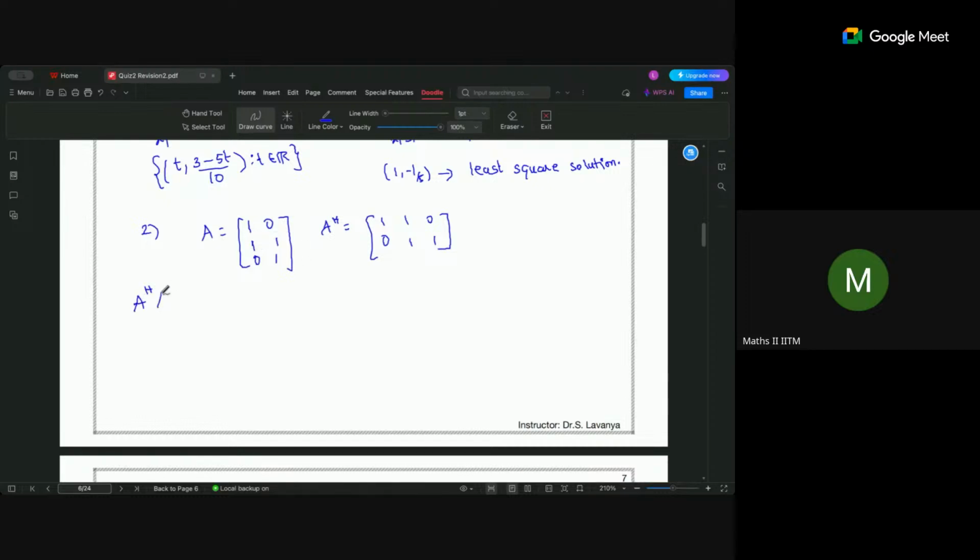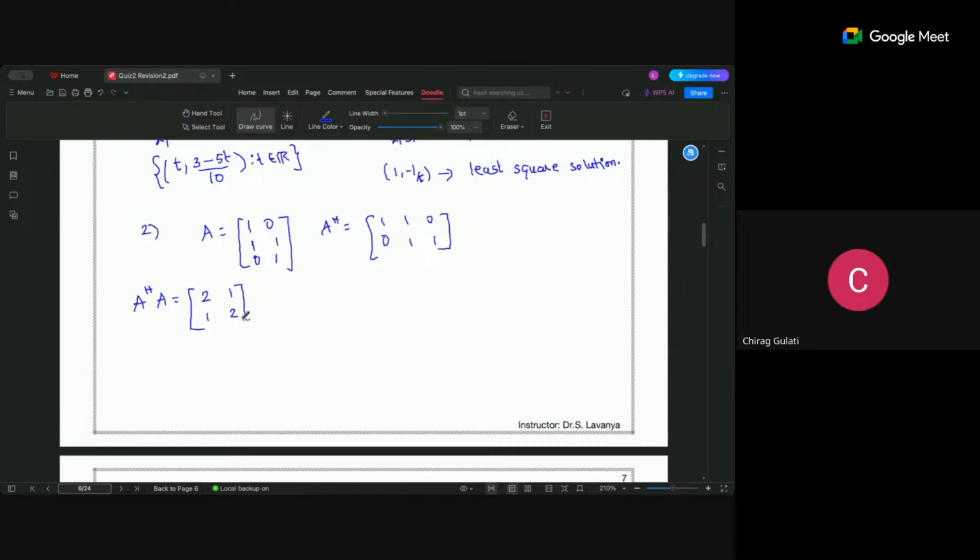Compute AHA and tell me the matrix. 2 1 1 1, 2 1 1, 1. Are you sure the last one is 1? Ma'am, it should be 2.